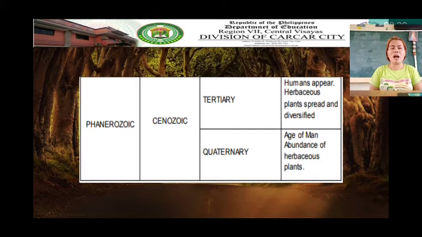This shows how humans looked in this period. The herbaceous lands spread and diversified. And the Quaternary, the age of abundance of herbaceous plants. Okay, so this is what we call the geologic time scale of the evolution from the origin of the earth until the age of man.